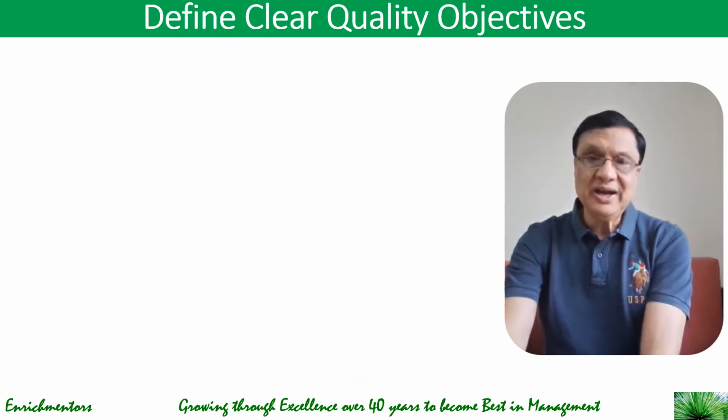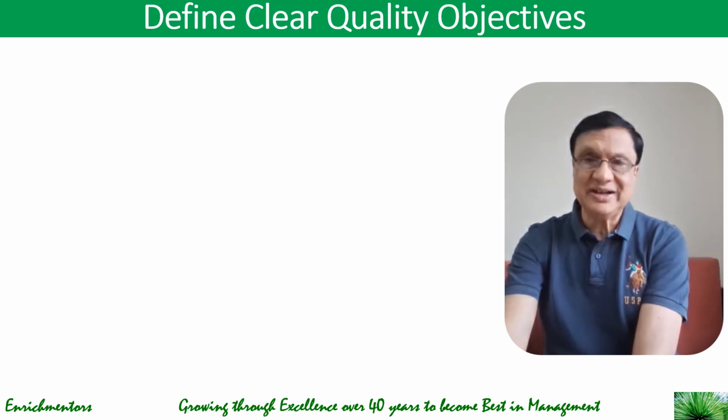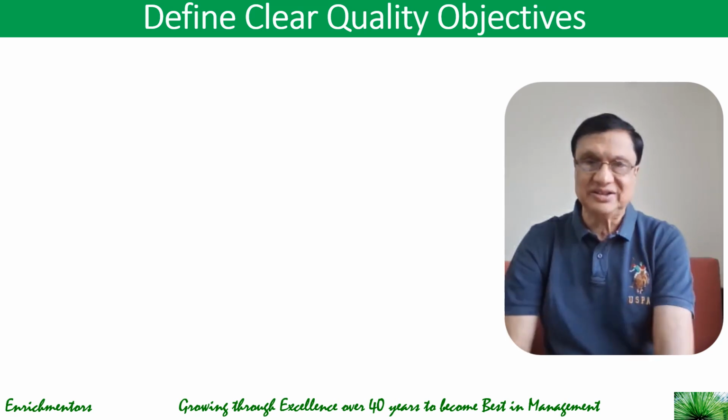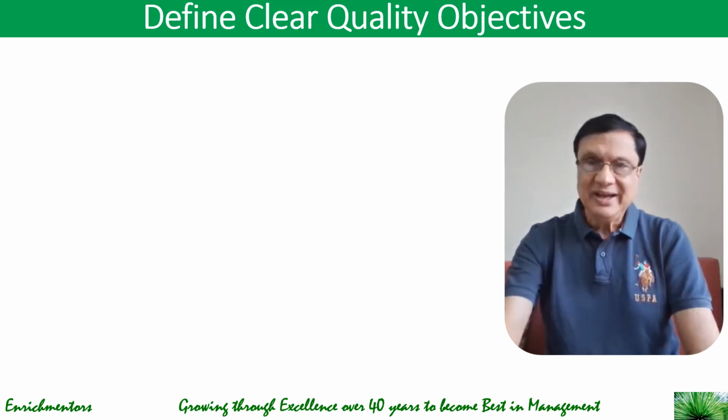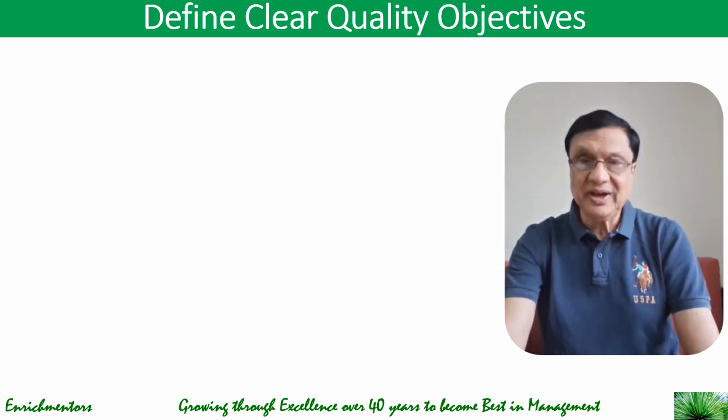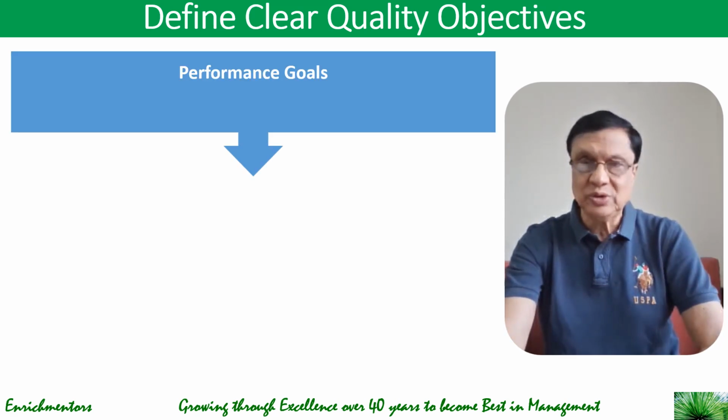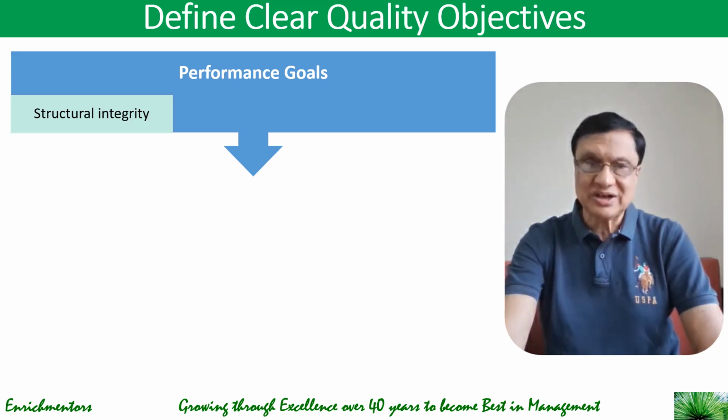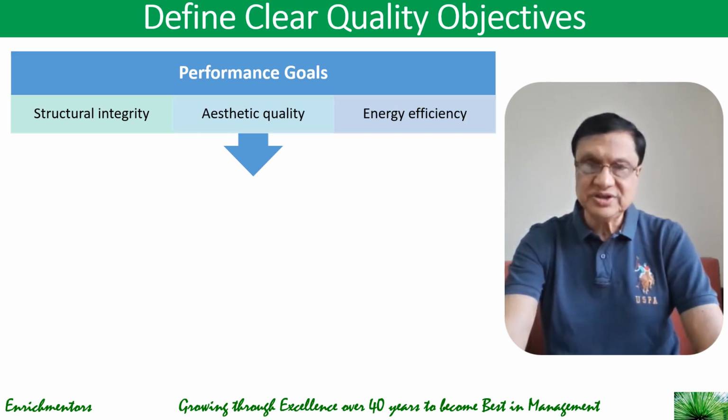Then you need to define very clearly your quality objectives for your standards. What do you want to achieve with these standards? There are three things you need to define. One, in terms of performance goals, what are the desired outcomes you want to achieve with these standards, for example, structural integrity, aesthetic quality, or energy efficiency?